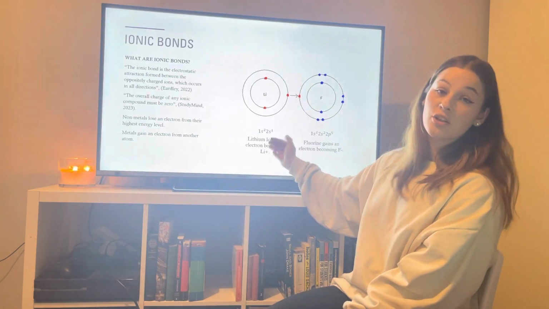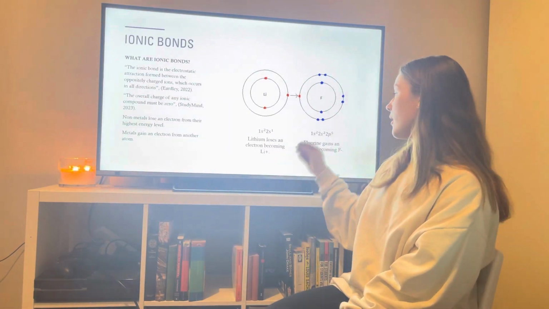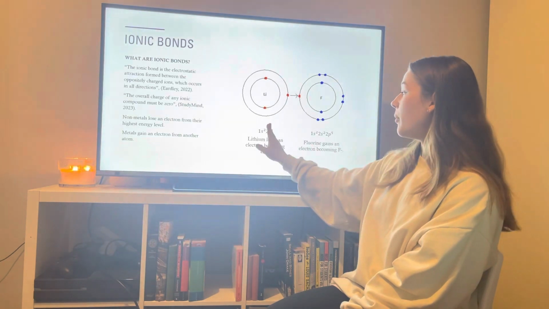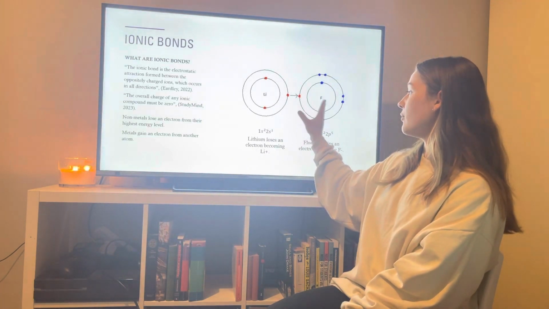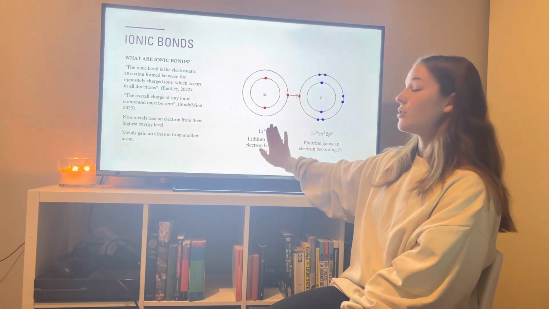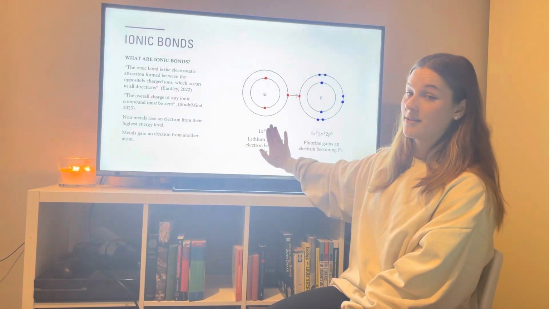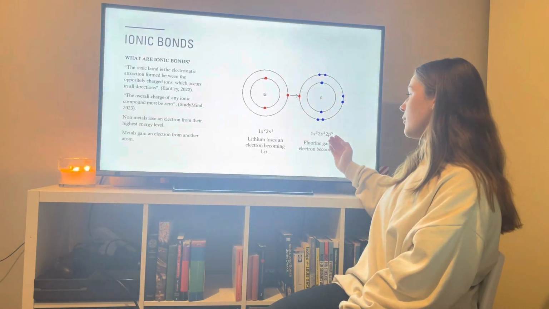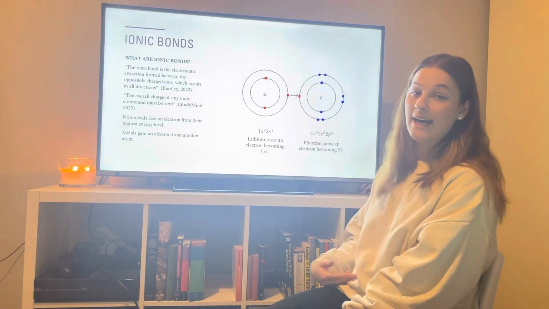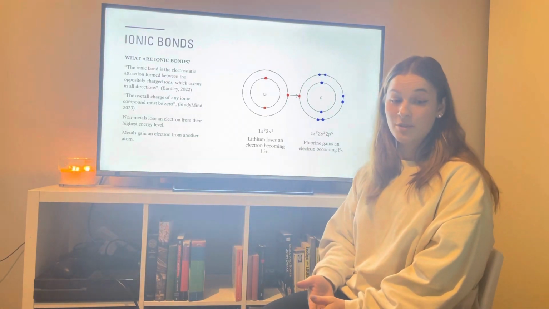An S subshell needs 2 electrons to become full, whereas P needs 6. So by ionically bonding with fluorine, we're losing this, so we no longer have an unstable subshell. And here we are gaining one, becoming P6, which is now a stable subshell.